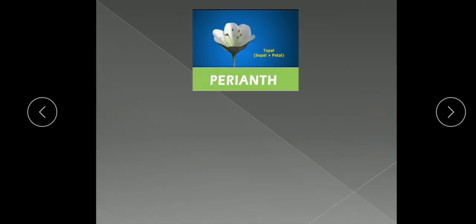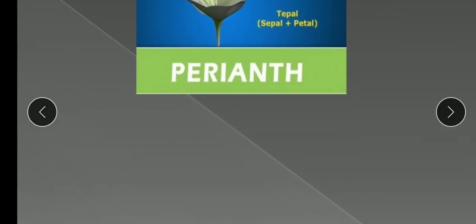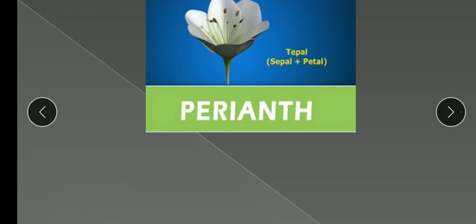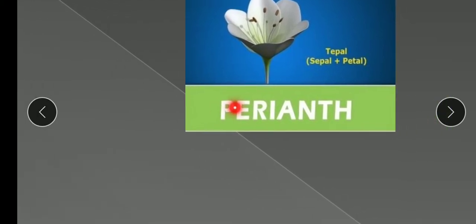So, students, next we are going to study perianth. What is the meaning of perianth? As you have studied, calyx and corolla are of different color, shape and size. So, when the two accessory whorls, calyx and corolla, are not clearly differentiated, we cannot differentiate between the calyx and corolla, in this condition the structure is known as the perianth.